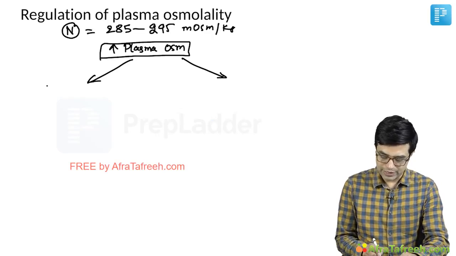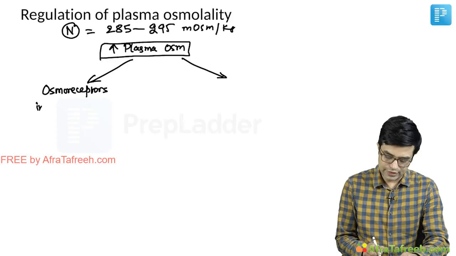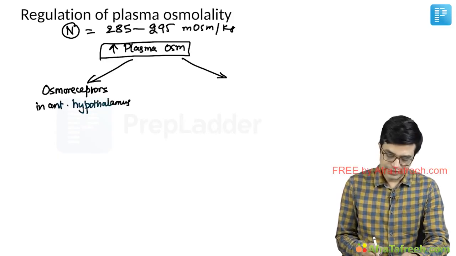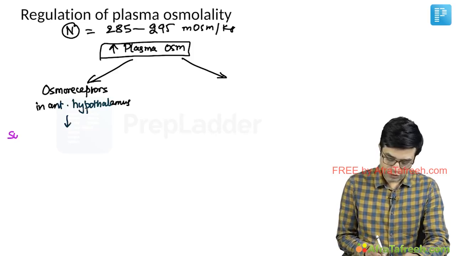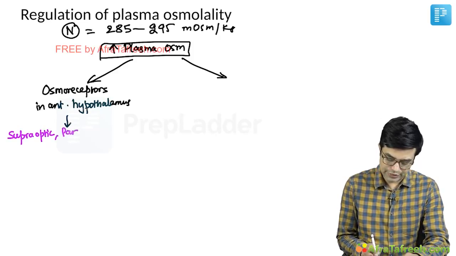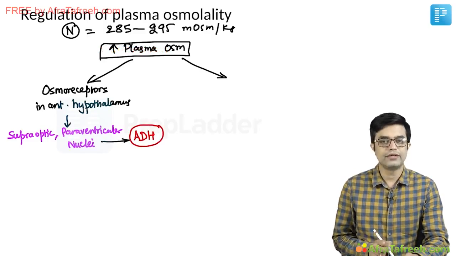First of all, there will be activation of osmoreceptors in the anterior hypothalamus which control antidiuretic hormone synthesis. These osmoreceptors will stimulate the supraoptic and paraventricular nuclei in the hypothalamus to produce the hormone called ADH, also called vasopressin, antidiuretic hormone.